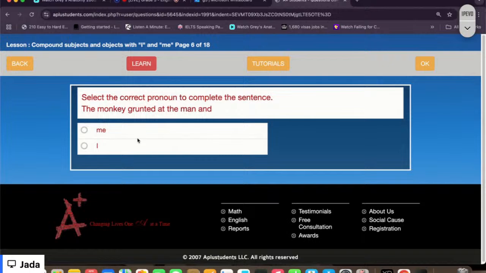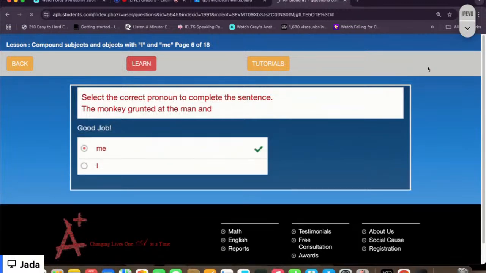So we have the next. The monkey grunted at the man and dash, me or I? Okay, so the man and me. Okay.